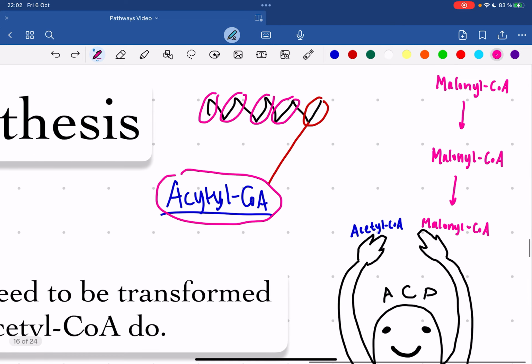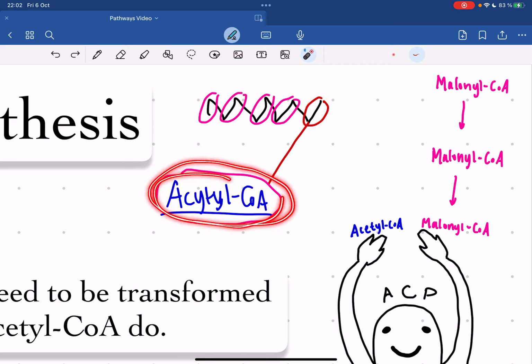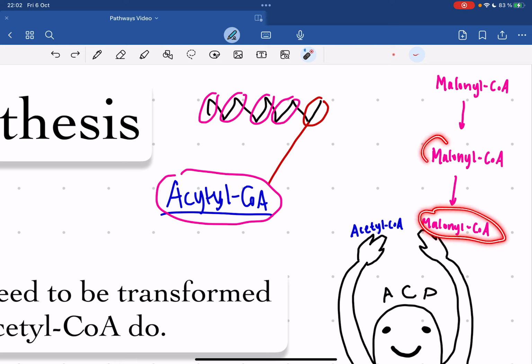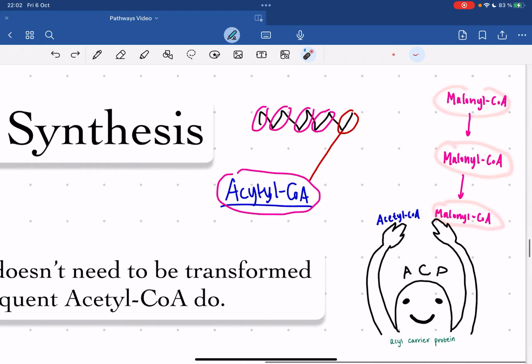So the first two carbon atoms in the fatty acid molecule will always be a normal acetyl-CoA that is not transformed, but the other carbon pairs of the fatty acid molecule will be this transformed acetyl-CoA called a malonyl-CoA.